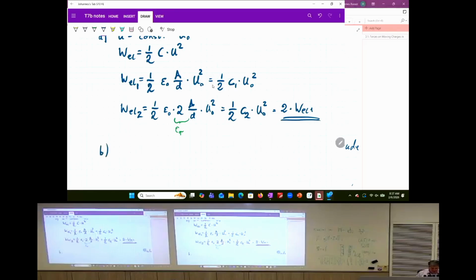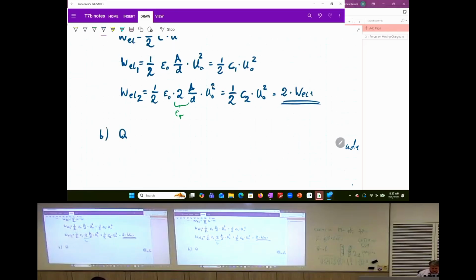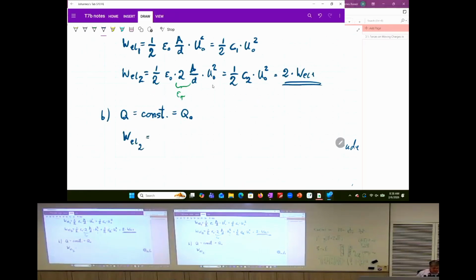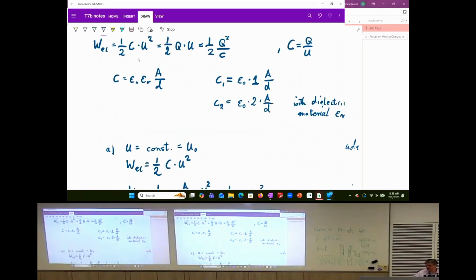And in the second case, we have the charge constant, and that is Q0. So the electric energy now is given by 1/2 Q0 squared over C2. You see, we can express the energy in different ways, in terms of the voltage or in terms of the charge. And the question is, which quantity are we enforcing? In the first scenario, we have kept the capacitor connected to the voltage source.